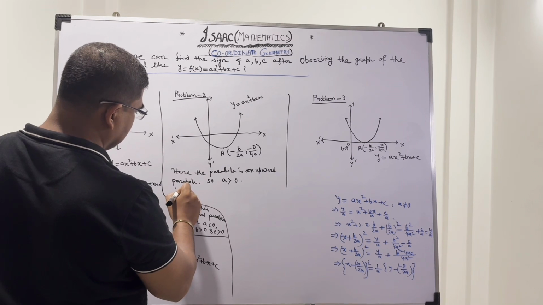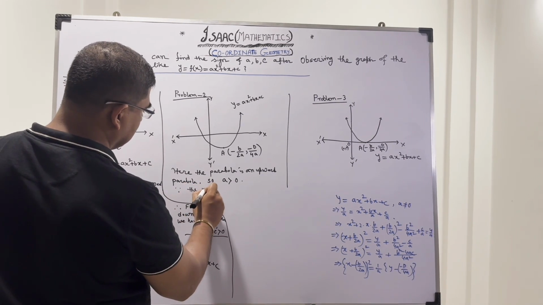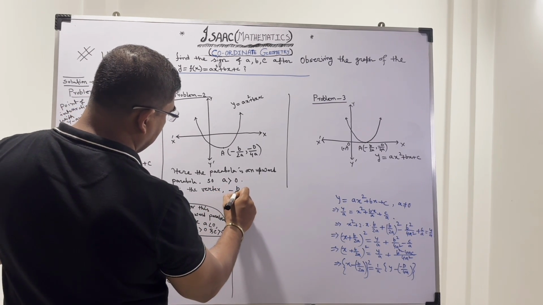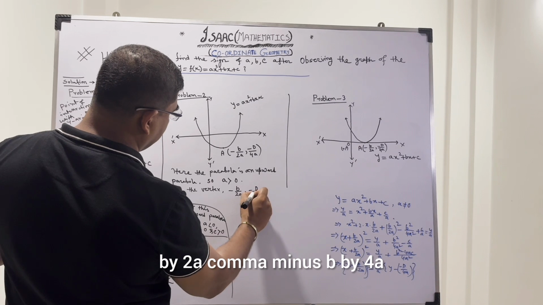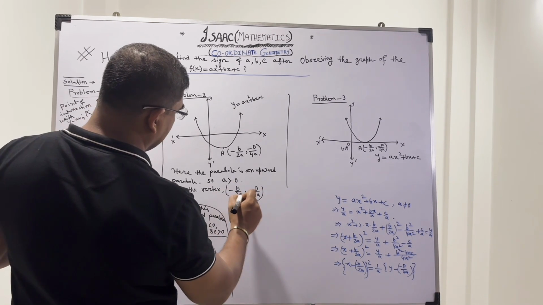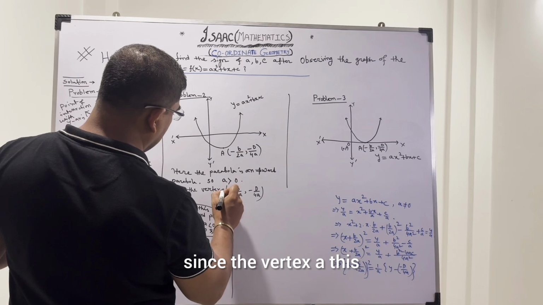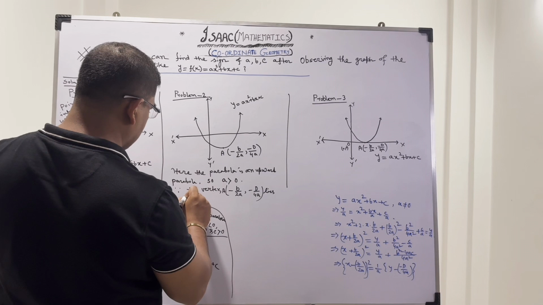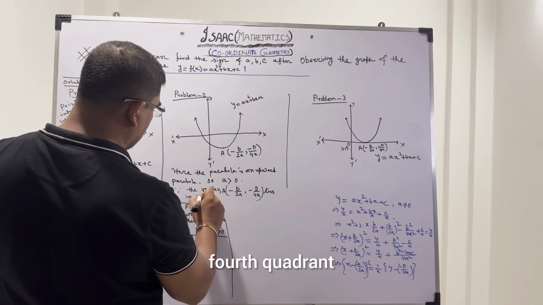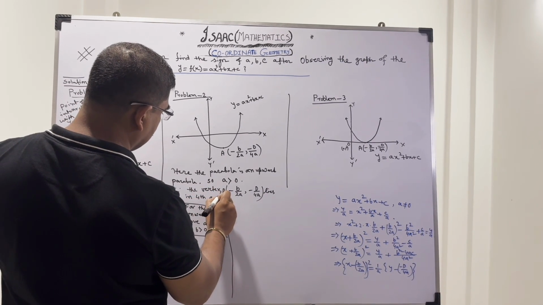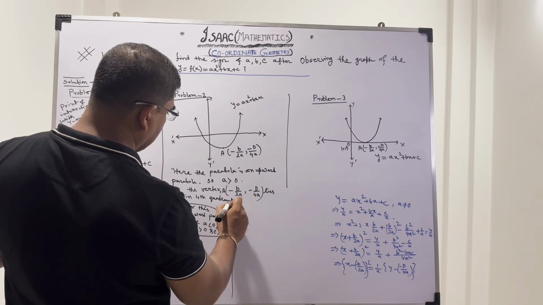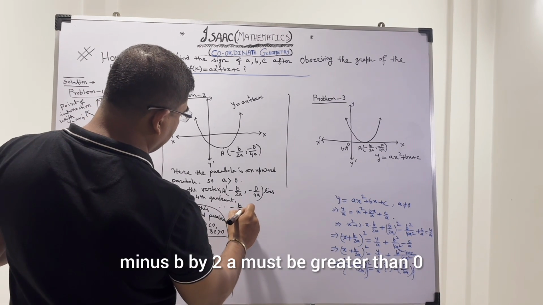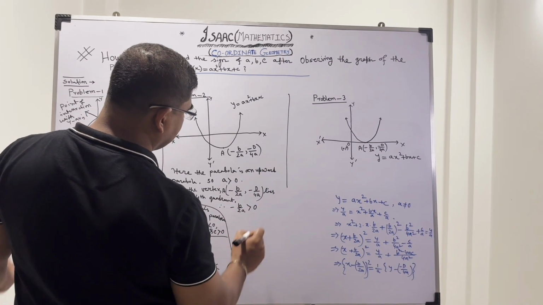Since the vertex is minus b by 2a comma minus D by 4a, and since the vertex A lies in the fourth quadrant, therefore minus b by 2a must be greater than 0.